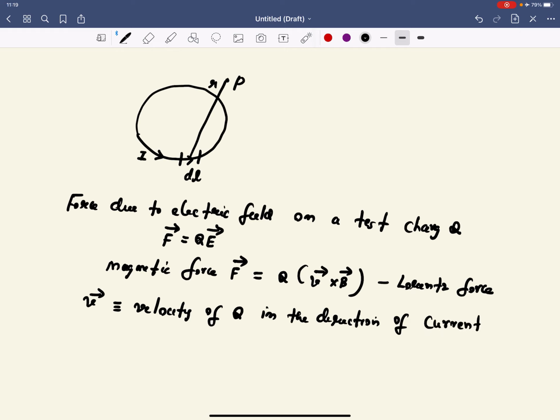So you might wonder why I have taken this Q, even though I said we cannot simply borrow the definition of point charge in the case of magnetic fields.